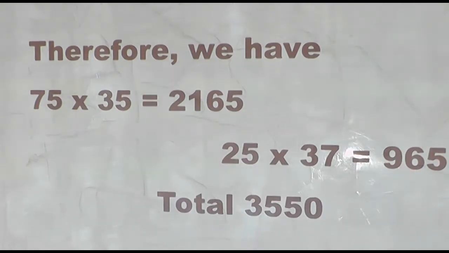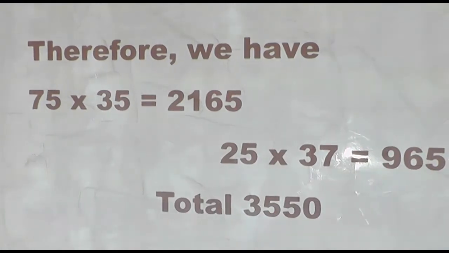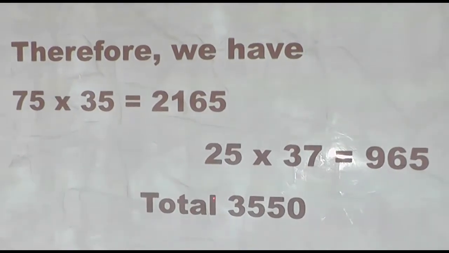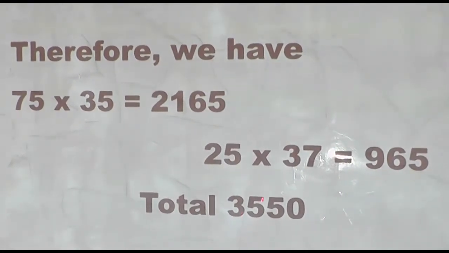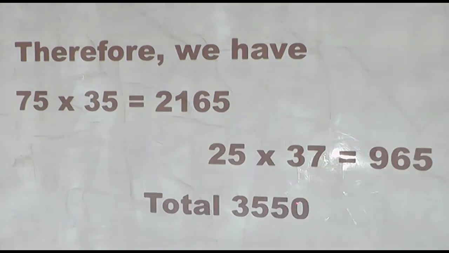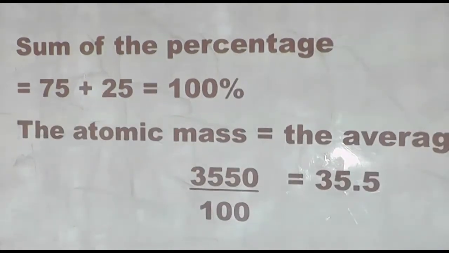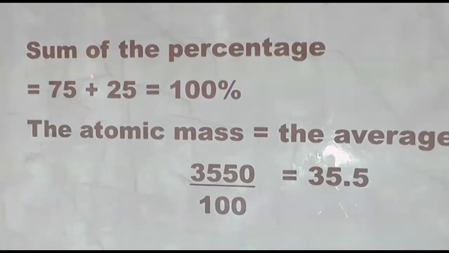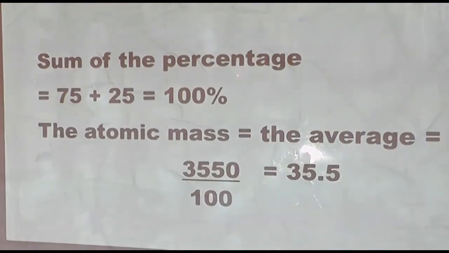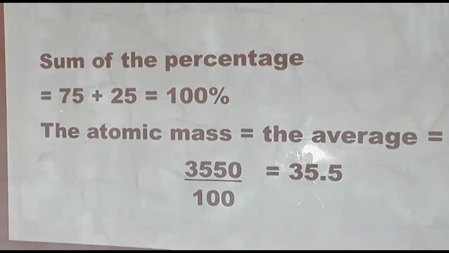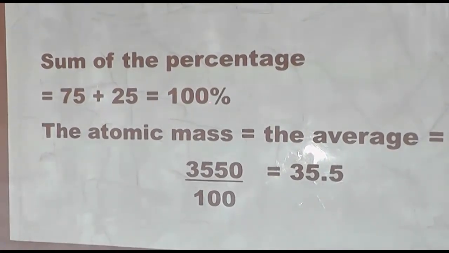Sum up the two masses that we have. 2165 plus 965 gives us a total of 3550. But then the summation of the two percentages, 75 and 25, will give us 100%.